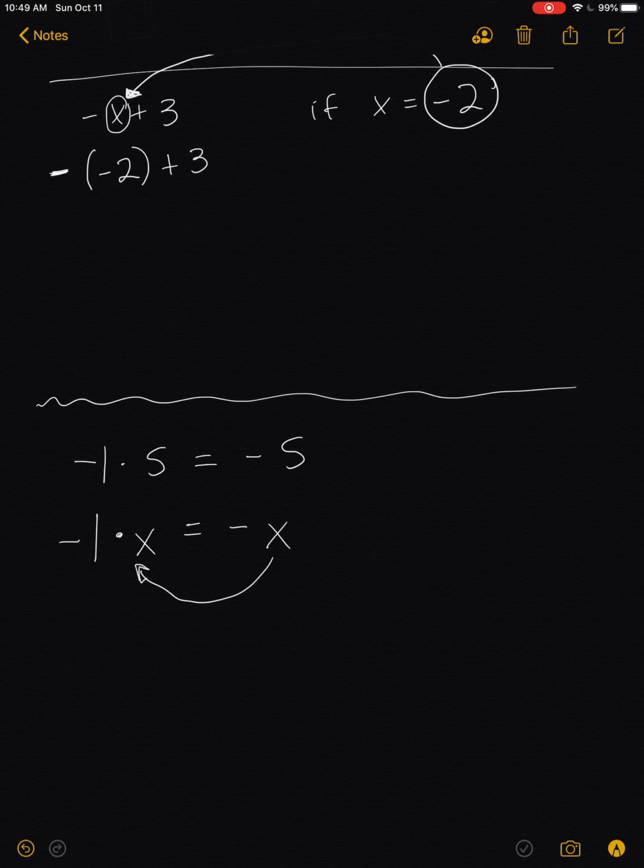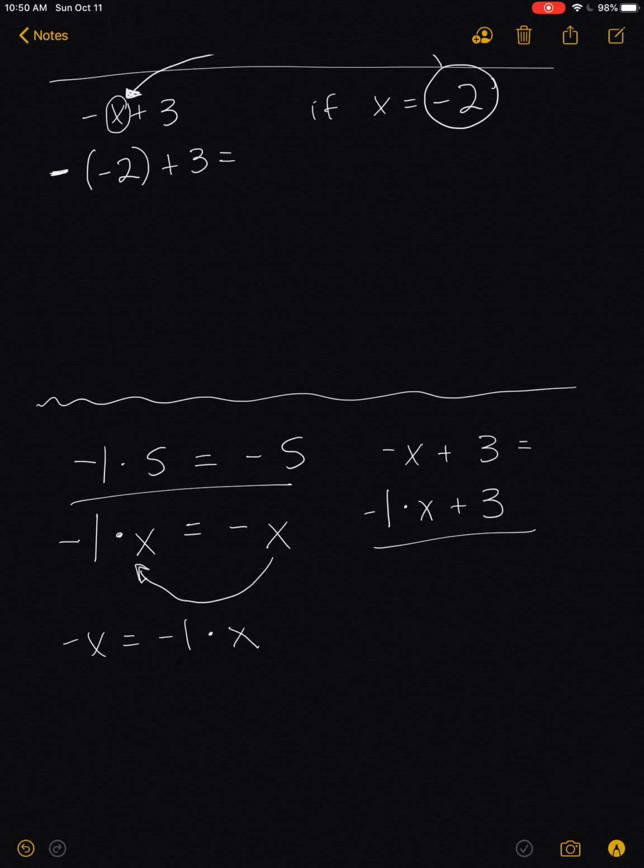Okay, that means you can go either way. I can go backwards. I can say -x is equal to -1 times x. That's what we have up here, right? We have -x plus 3. If it helps you, you can think about it in terms of this rule here, -1 times x plus 3.